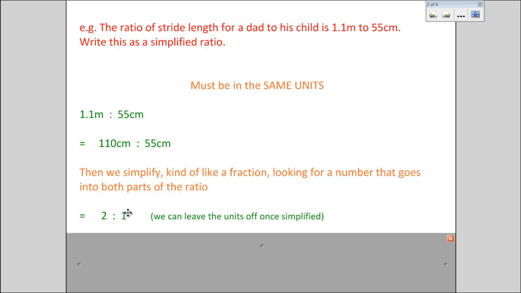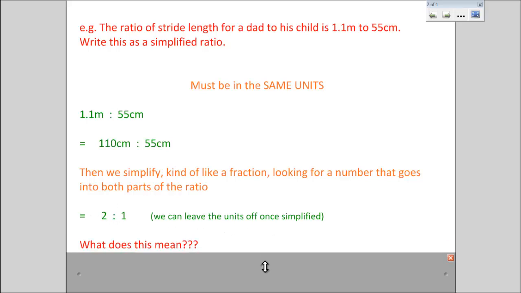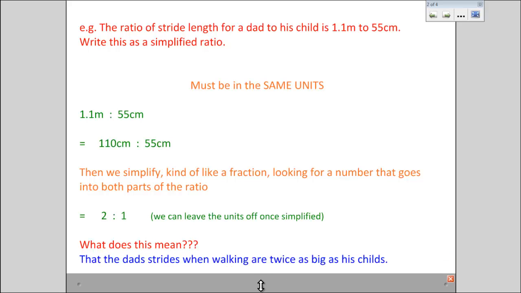Once you've got it simplified like this, you can leave the units off. So we just say 2 to 1. What does this mean in this case? It means that the dad's strides when he's walking with his child are twice as big as his child's strides. So 2 parts to 1 part means they're twice as big.